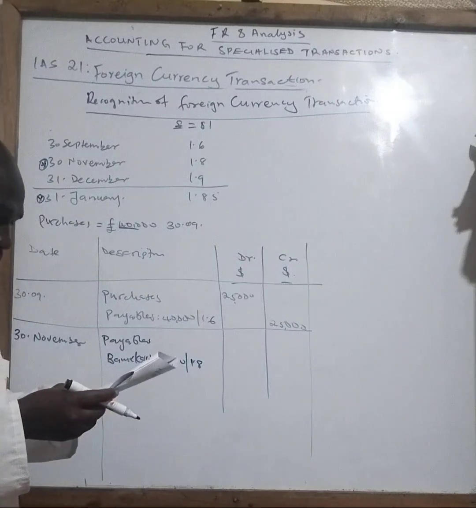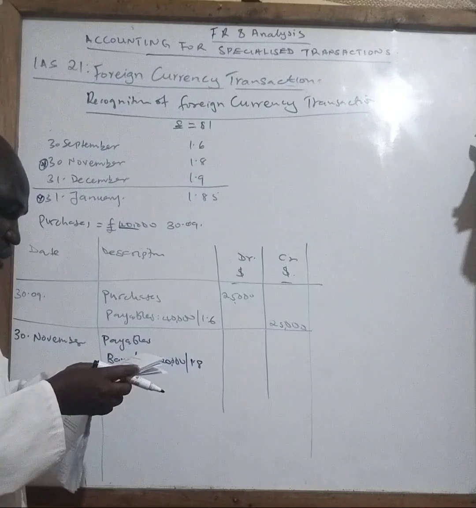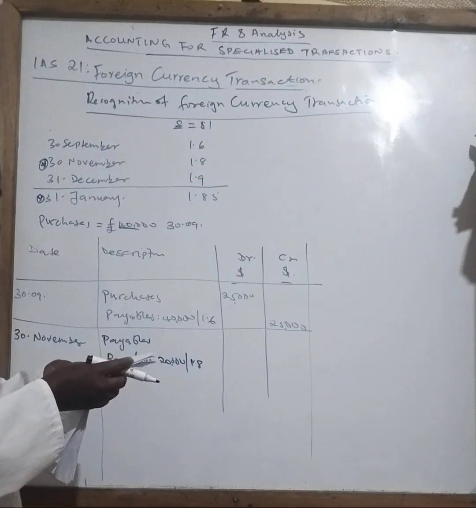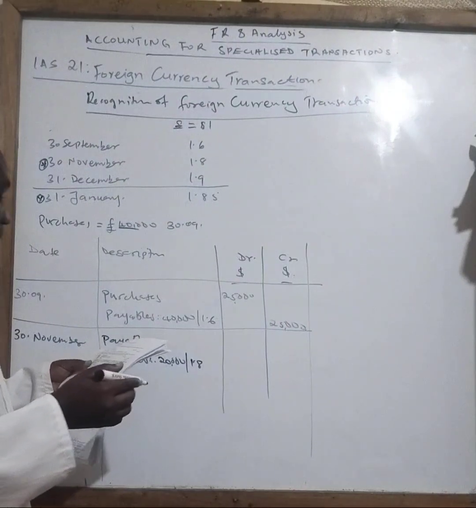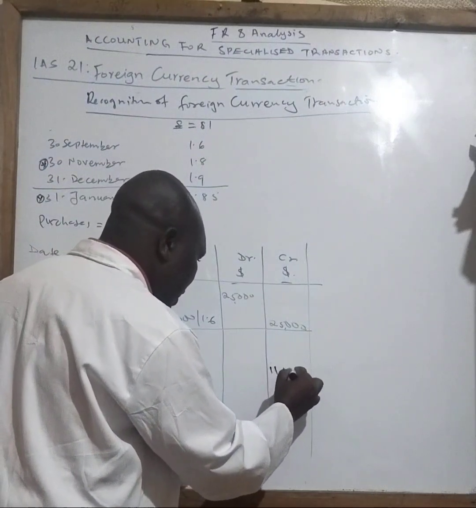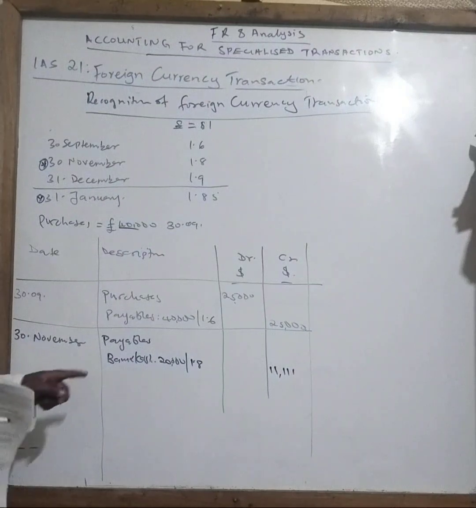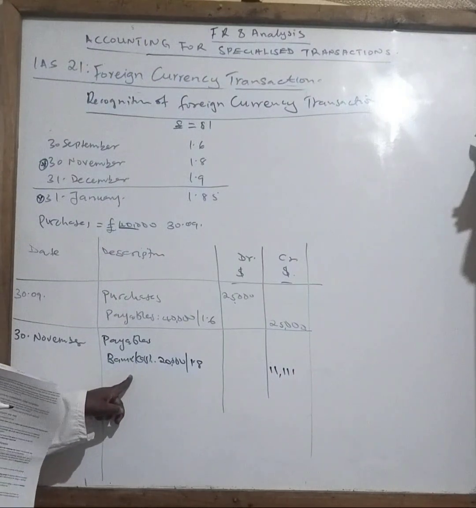So how much is that? If you do your calculation very well using calculator, your answer you get is 11,111. Now, this is first installment.